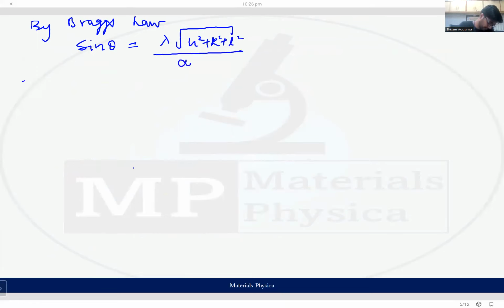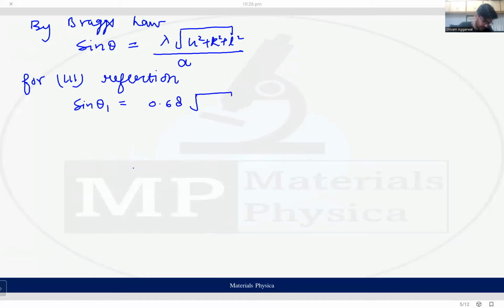Now for the 111 reflection, sin theta 1 is equal to lambda, which is 0.68, times under root 1 square plus 1 square plus 1 square, over the value of a, which is 4.8 angstrom.